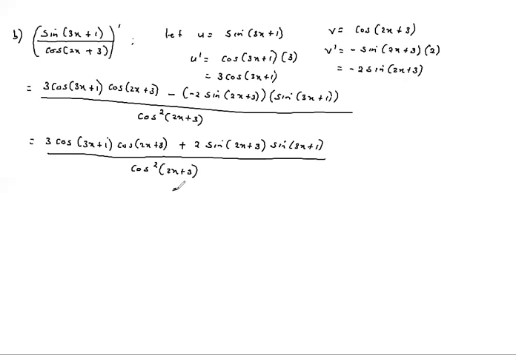So that's what you obtain. You can't simplify further here. You just end there. Then for C, we are dealing with tan 4, 7x squared plus 3x plus 9.